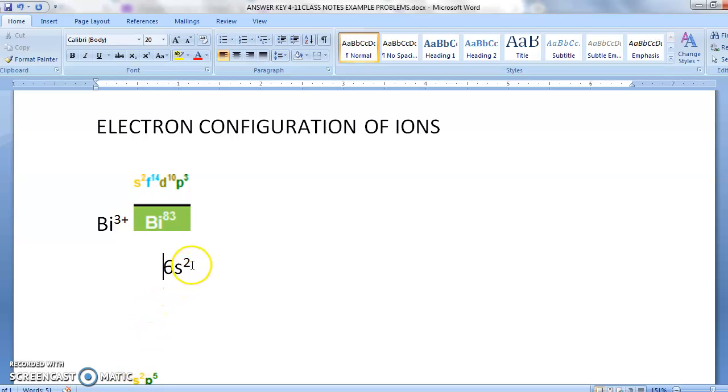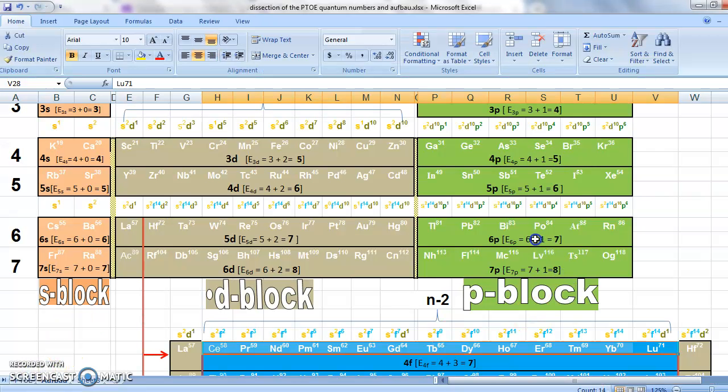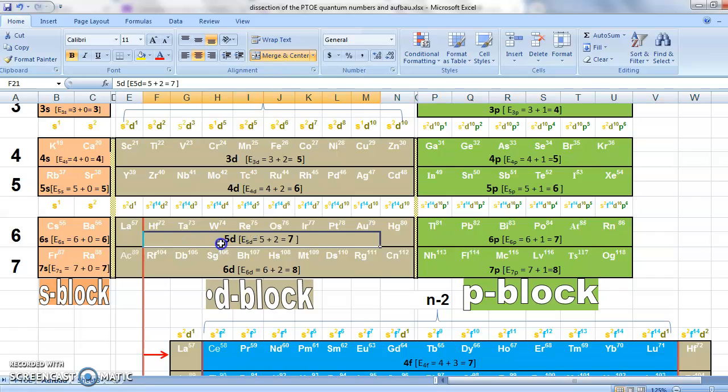So I'm going to come right here, and I'm missing 4F14. After typing the 4F14, I come back. Yep, right above bismuth, it's S2, F14. Where's the D? Which D is this? There's the D. Before I get to bismuth, I have to fill the 5D. How many elements are in the 5D? 1, 2, 3, 4, 5, 6, 7, 8, 9, 10 elements are in the 5D.